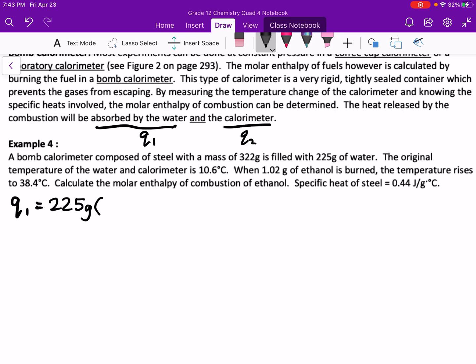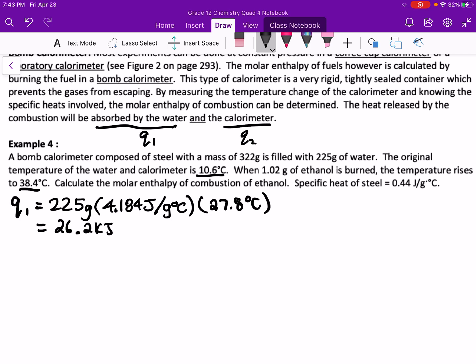Its heat capacity is 4.184 joules per gram degrees Celsius, and the temperature change is from 38.4 to 10.6. So we need to subtract that, and we get 27.8 degrees Celsius. Our first Q is 26.2 kilojoules.